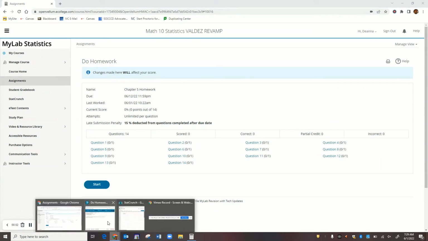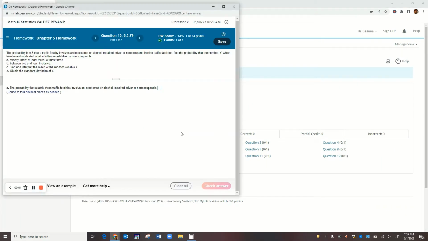All right, so let's get into a homework exercise so I can show you how to use StatCrunch for binomial distribution exercises. The probability is 0.3 that a traffic fatality involves an intoxicated or alcohol impaired driver or non-occupant.